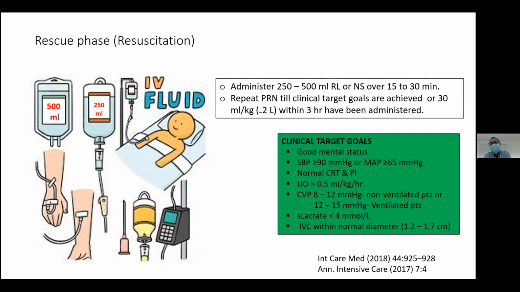Then the serum lactate less than 4 millimoles per liter, and as well you have to check the lactate clearance. That is another parameter more than an absolute value. You take the rate of clearance, which needs to be more than 10-20% of the baseline. Then the IVC should be within normal diameter. The normal is 1.2 to 1.7 centimeters.